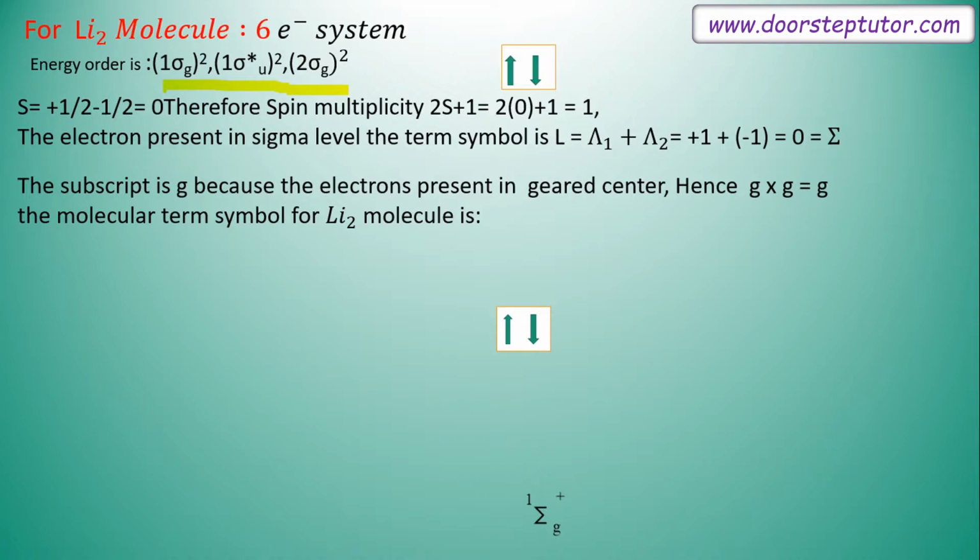The electron is present in the sigma level. We already know that if the electrons are present in the sigma level, we generally consider the term symbol to be sigma only.